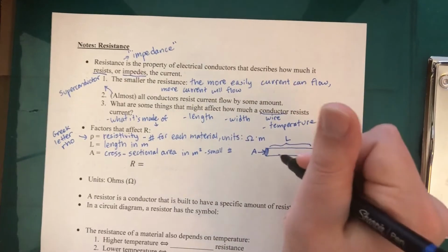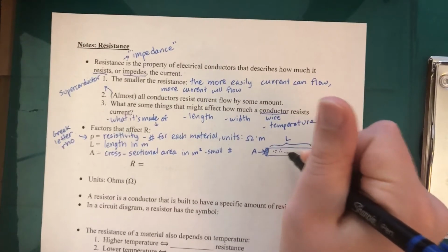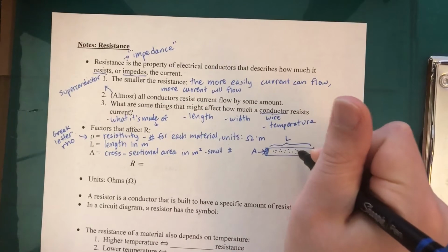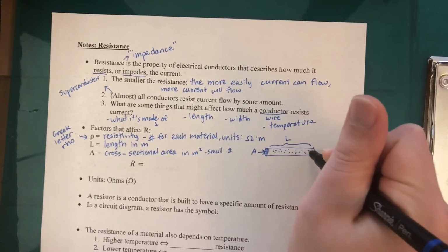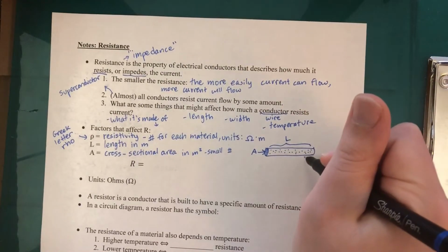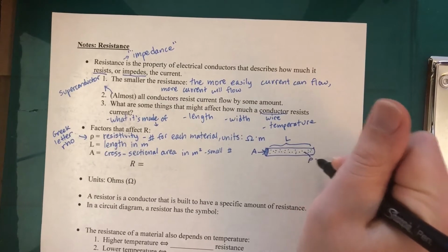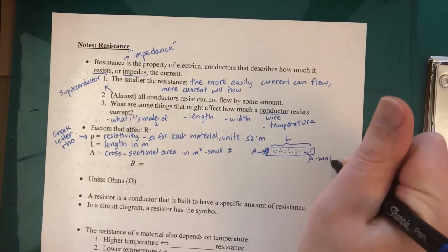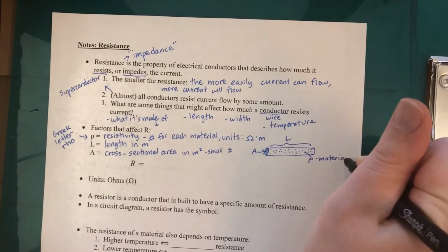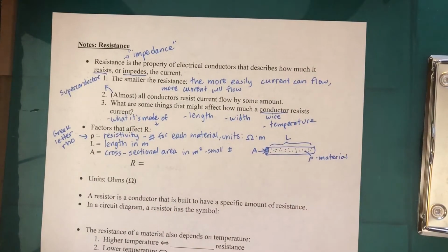And then the actual material that the wire is made of determines what the rho is. And that basically describes, in that material, how much stuff is there in the way, making it more difficult for charge to flow.